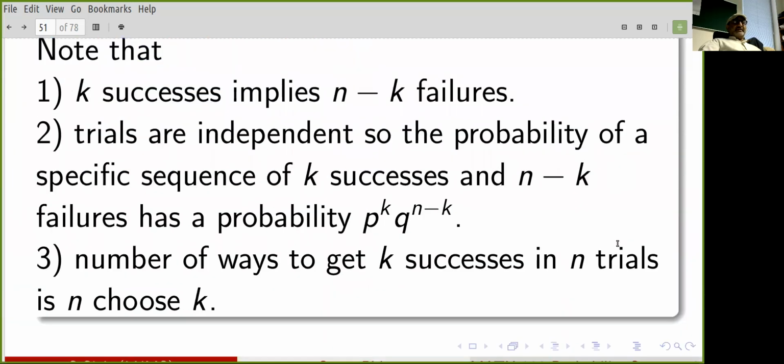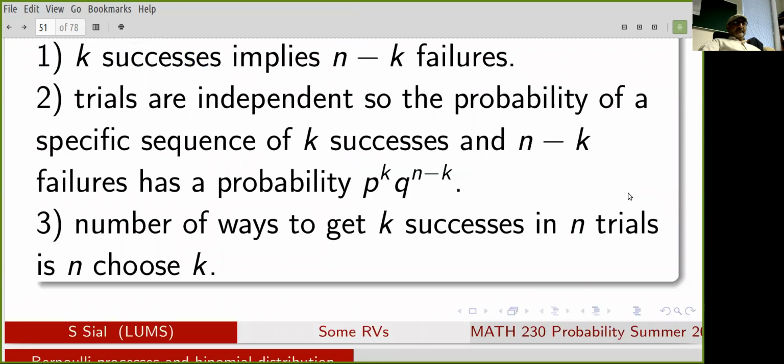K successes in n trials implies n minus k failures. The trials are independent, so the probability of a specific sequence of k successes and n minus k failures is p to the k, q to the n minus k.